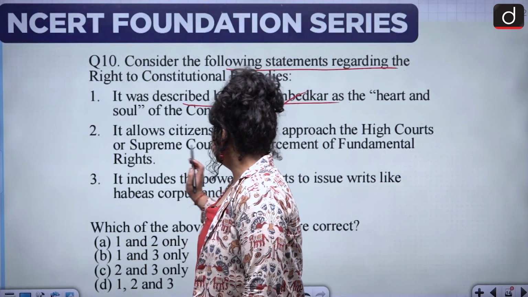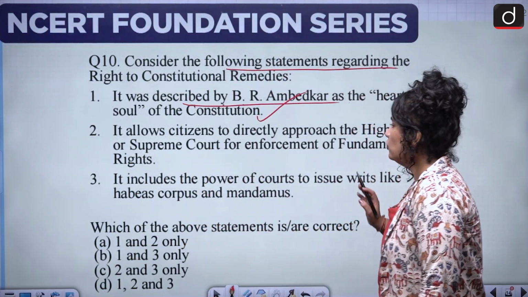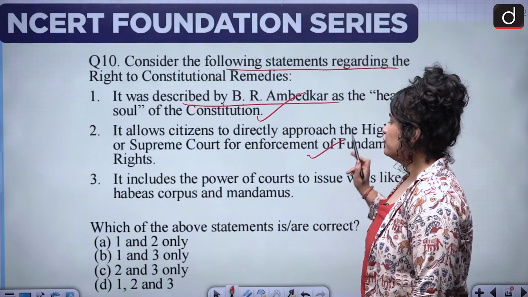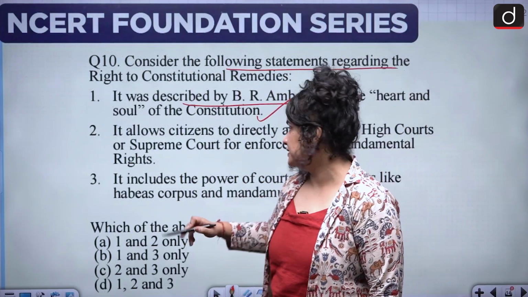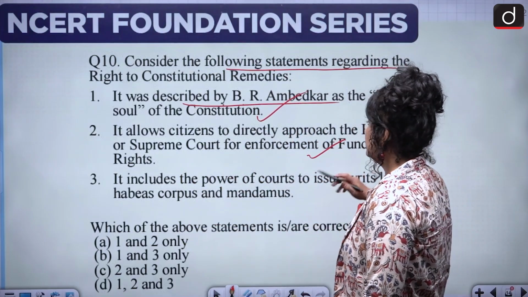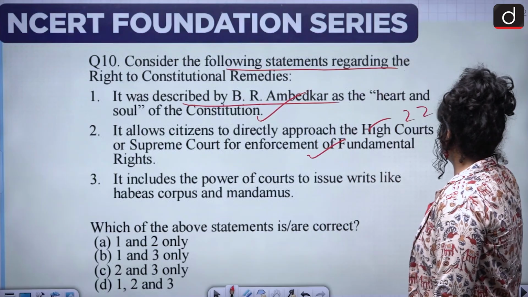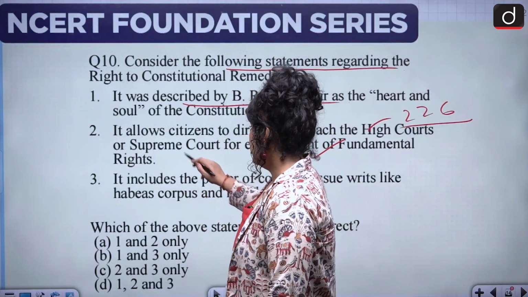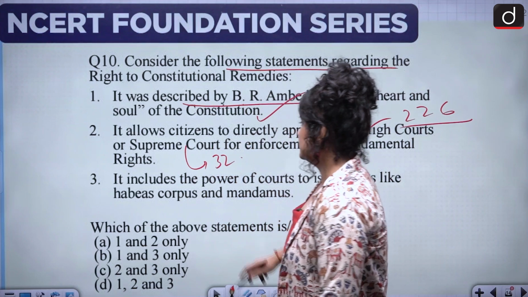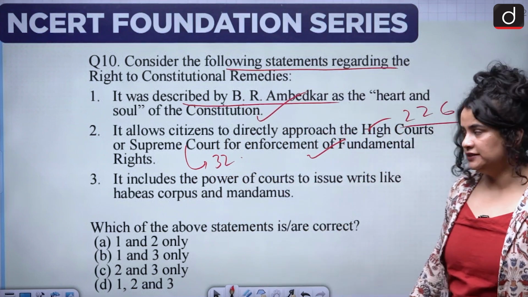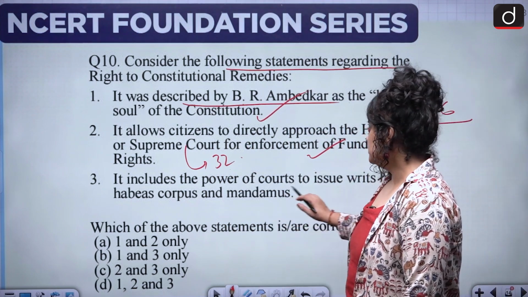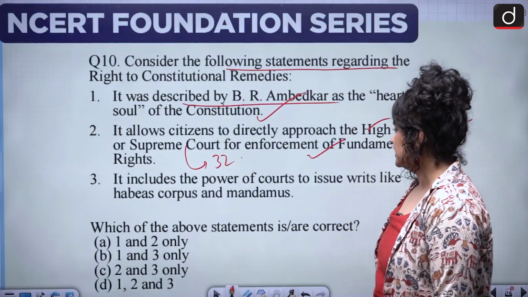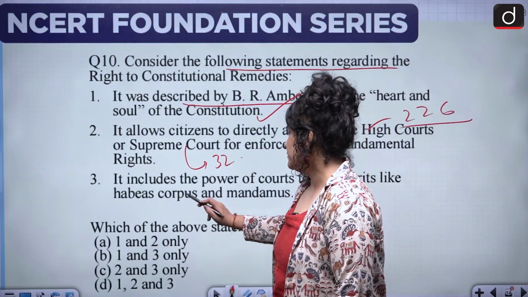Second, it allows citizens to directly approach the High Courts or Supreme Court for enforcement of fundamental rights. Absolutely correct. Now, citizens can approach the High Courts under Article 226 and they can issue writs, not the citizens, the courts. And Supreme Court again directly under Article 32. 3. It includes the power of courts to issue writs like habeas corpus and mandamus.